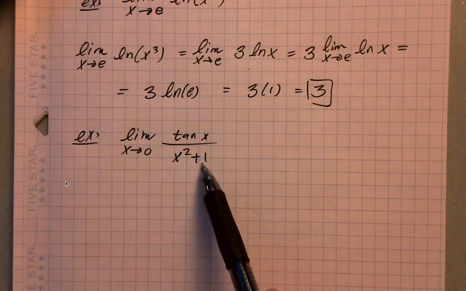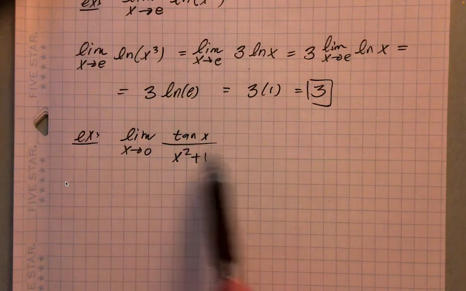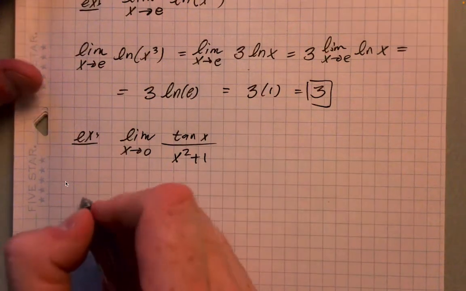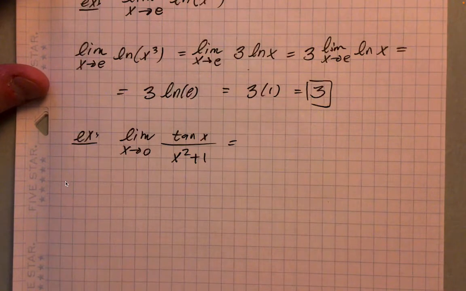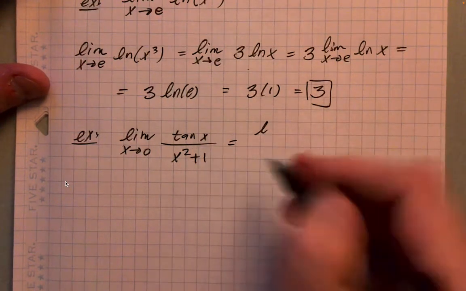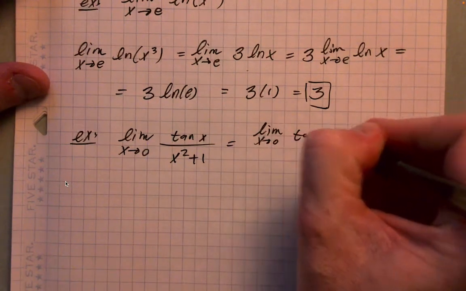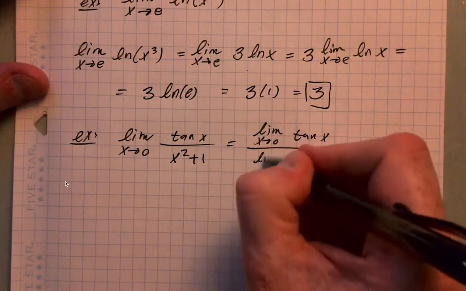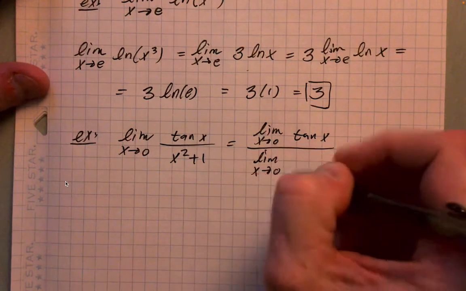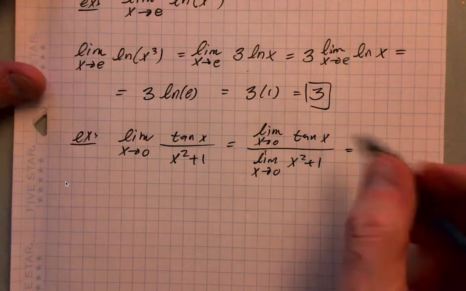So we're going to pull in the theorem that breaks the ratio into two separate limits. Because both of these are understood to have a limit, this would be equal to the limit as x approaches 0 of the tangent of x divided by the limit as x approaches 0 of x squared plus 1. And so what do we get?